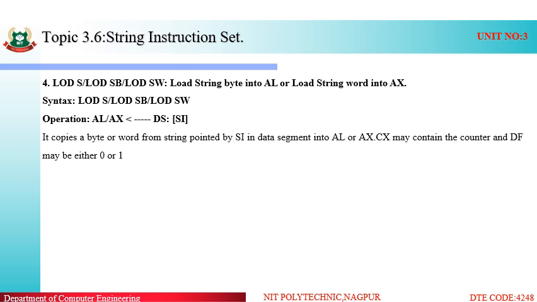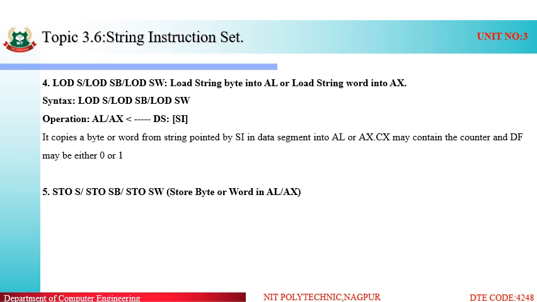So what the load instruction will perform is it copies a byte from the source string into the AL or AX register. If the string is of 8 bit, then the contents will be copied into AL register. If the string is of 16 bit, then the contents of the string will be copied into AX register.